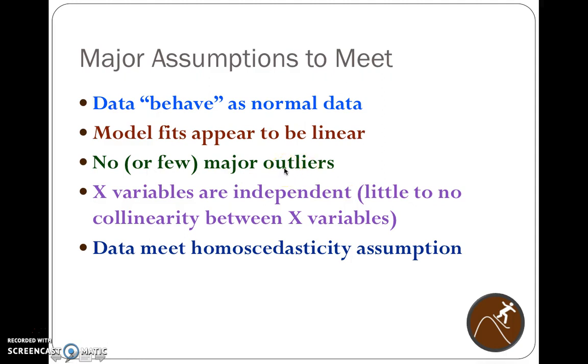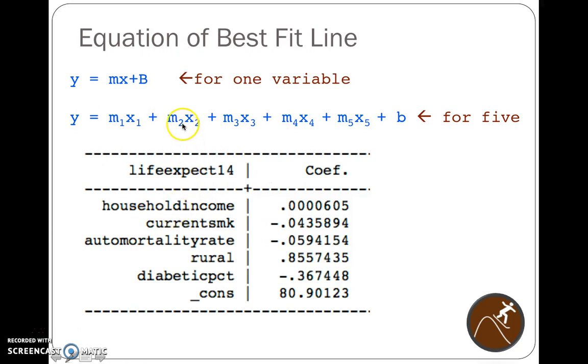We need to make sure that these individual x variables, like income, smoking, auto mortality rate, rural, diabetes, are all acting independently. They're not explaining the same thing. Because smoking is associated with low income, we want to make sure that this is actually acting independently of income and not overly collinear or overly correlated with one another.